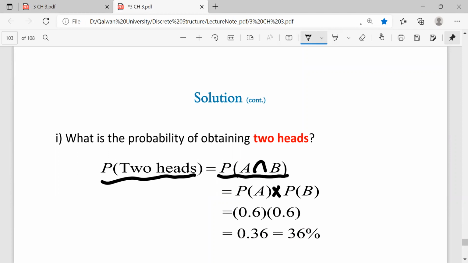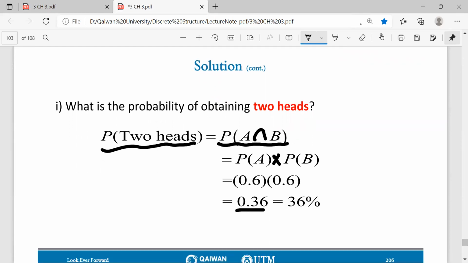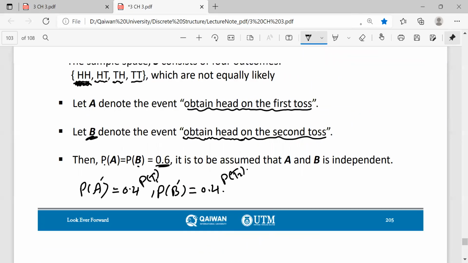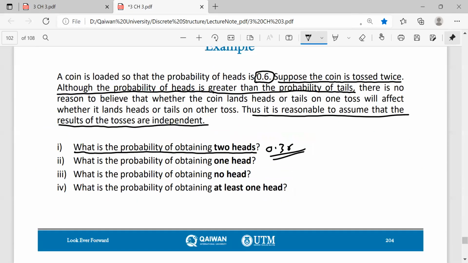Because we let A be the first head and B be the second head. This is the probability of A times the probability of B. The probability of the first head is 0.6, as given, and the probability of head in the second toss is also 0.6, which gives 0.36. This is the probability of 2 heads. For the second part, it says, what's the probability of obtaining 1 head?